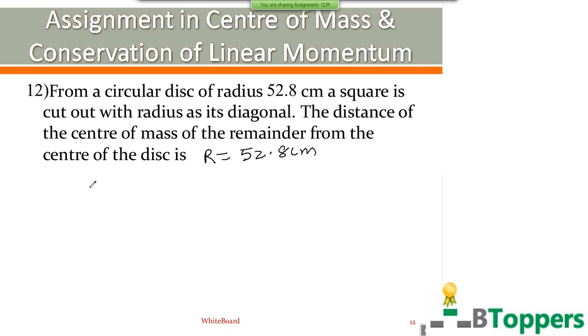In the past, I have discussed a similar case, one of the special cases similar to this problem. You have to find the ratio of the mass of the square piece which is cut out and the mass of the remaining circular disc.